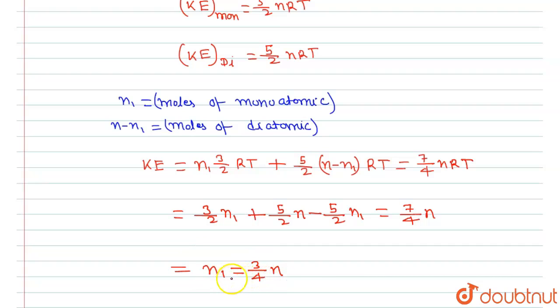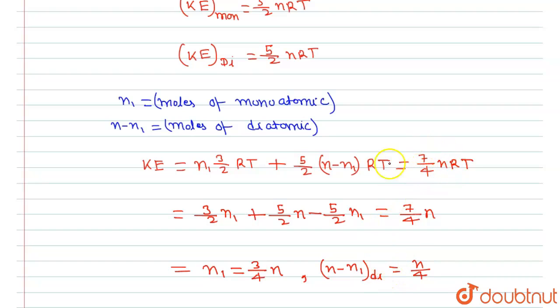So the moles of monoatomic are 3n by 4, and the diatomic is n minus n1, so the number of moles of diatomic is n by 4.